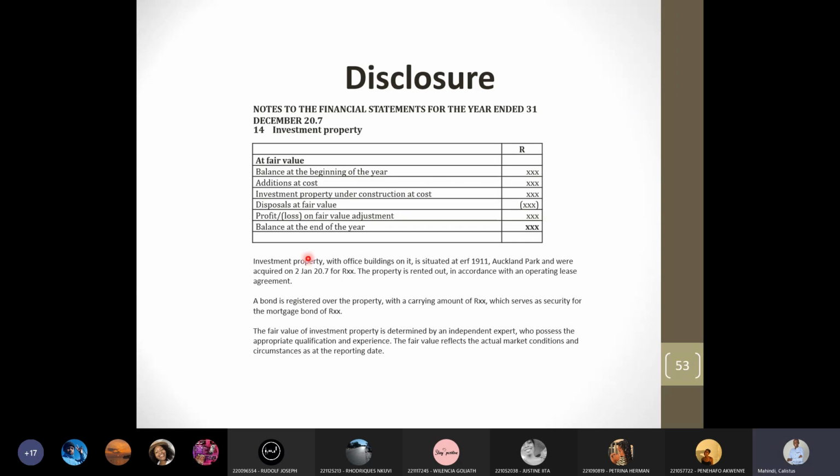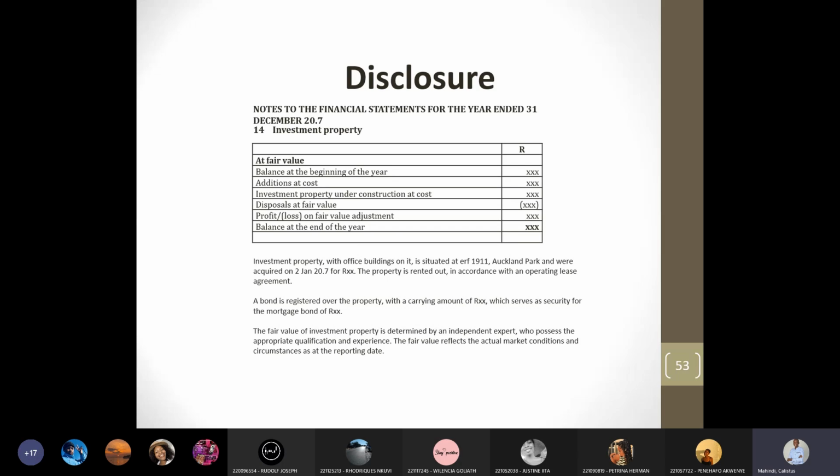Now, what you have to note is that you will show separately your investment property that is measured at fair value. Then you would have another column for your investment property that is shown using the cost model. So you'd have two columns, one where you'll show your investment property using the cost model, and another where you'll show your investment property using the fair value model.